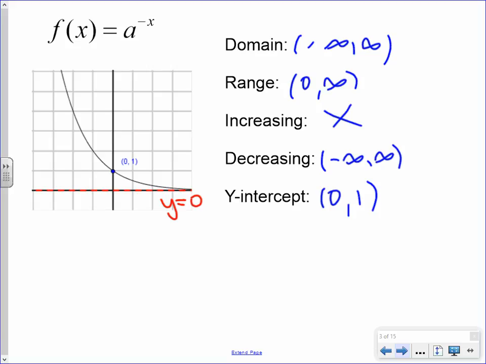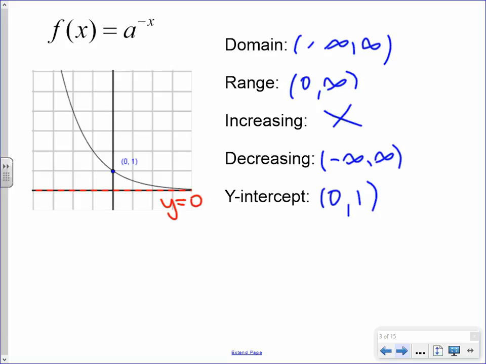Now that I've shown you these graphs, how many of you vaguely remember graphing these? Okay, so I'm going to show you what I expect out of these graphs.